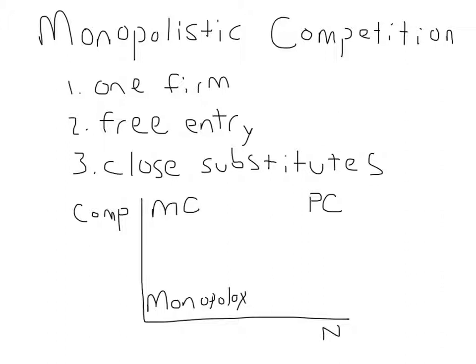There's only one firm making any given type of pizza. So there might be Steve's Pizza Shop, Ray's Pizza Shop, Sabero's Pizza. But anybody can just buy up a storefront and start cooking pizza. And all the pizzas are pretty similar and pretty close substitutes for each other. So monopolistic competition has high competition, but only one firm making any specific product.